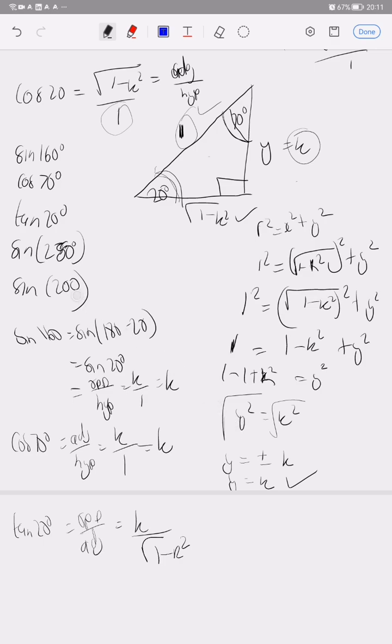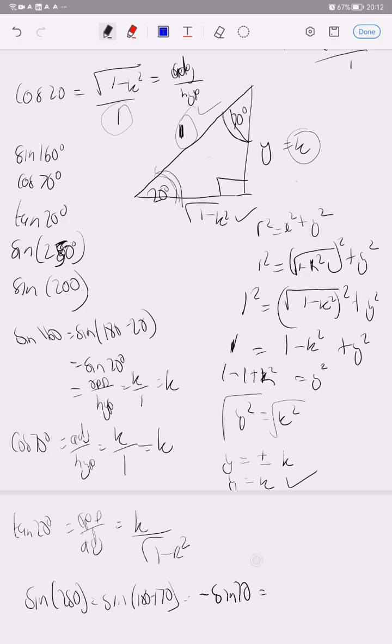What's the next one? I think here we're having 250. So what do we do from here? Sine of 250 is the same as sine of 180 plus 70. This one is in the third quadrant, so it's going to be negative sine of 70.